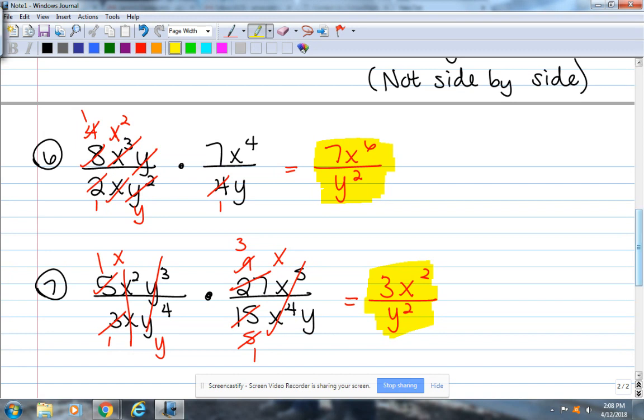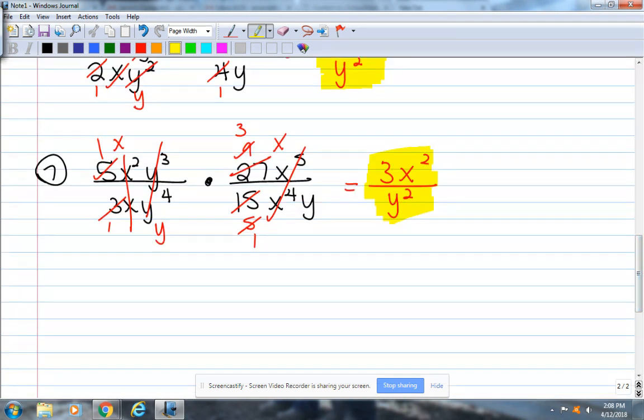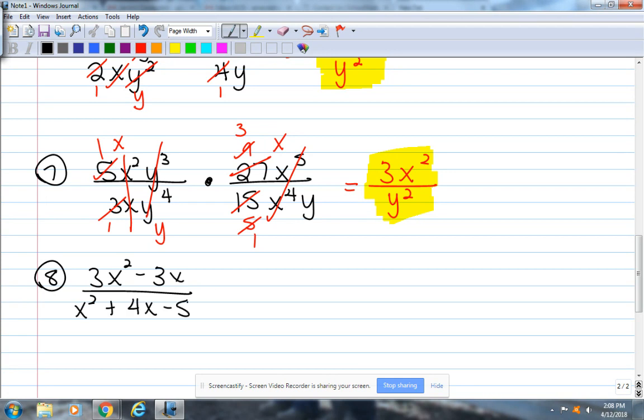I personally think it's easier to do it with polynomials than doing those monomial things. So, here we go again with factor. 3x squared minus 3x times x squared plus 4x minus 5 times x squared plus x minus 20 over 3x.